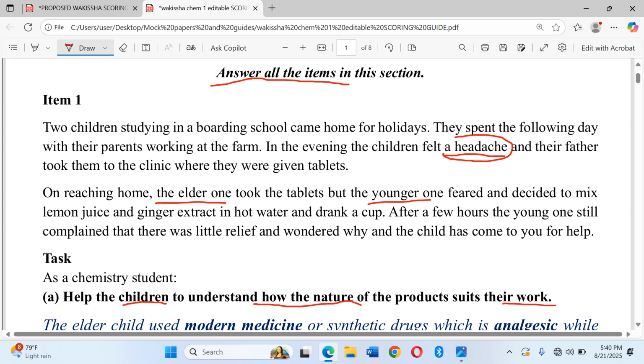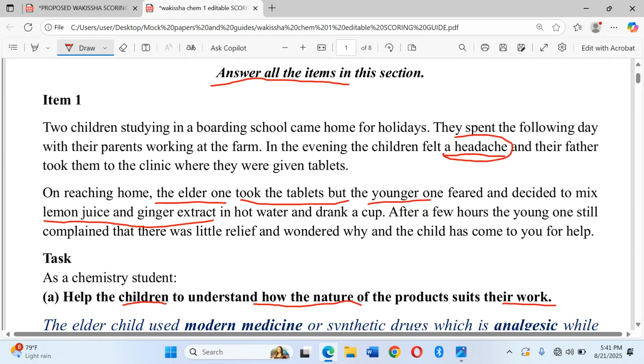If you read very well through our work, the younger child is mixing lemon juice and ginger extract, while the other one went to the doctor and they gave him tablets which he was able to take. So we can see that the elder child is taking the one which is modern, while the younger one is using available plant materials, the lemon and ginger, to mix, and those ones are the ones we call the traditional medicines.